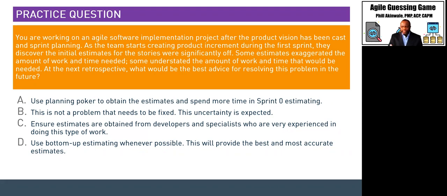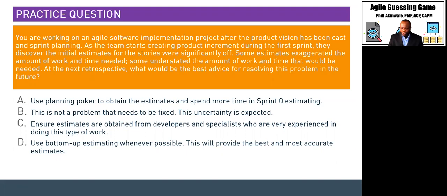So obviously the estimates are off, some are exaggerated and some are cut short of what they should be. So what should we do in an agile environment? A, use planning poker to obtain the estimates and spend more time in sprint zero estimating. Well, first of all, sprint planning and what you do in sprint zero are two different things.